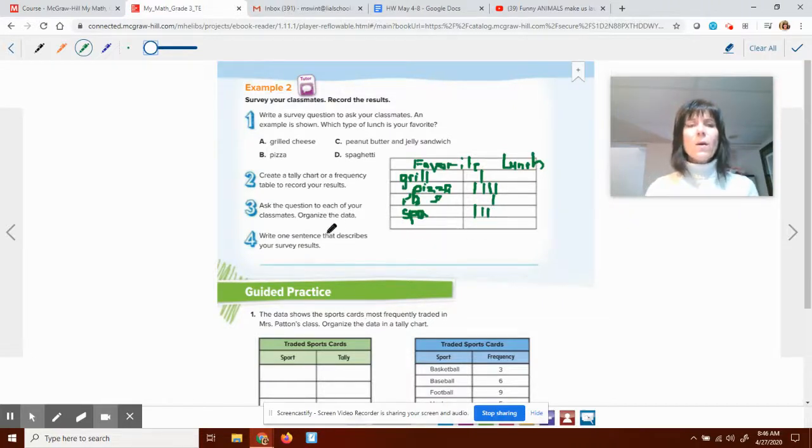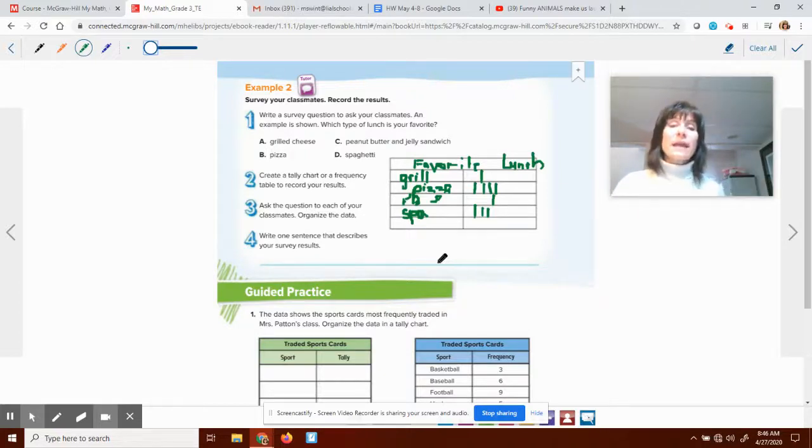Okay, so now if I had to write one sentence about the survey I took, I could say there were a total of 4 students that preferred pizza. I could say students like pizza more than they do peanut butter and jelly, grilled cheese, or spaghetti.